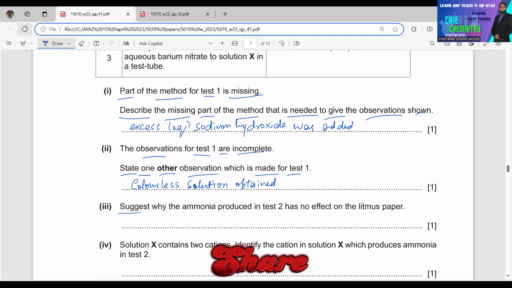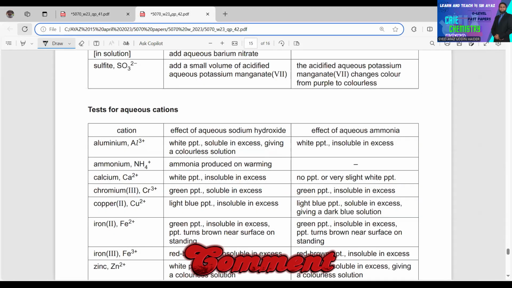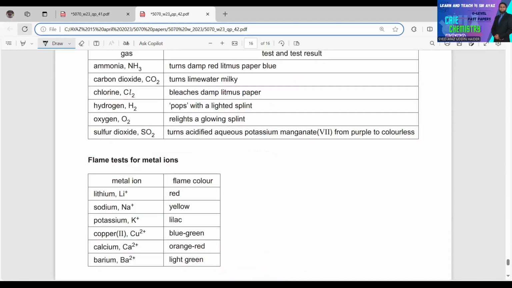Three, suggest why the ammonia produced in test 2 has no effect on the litmus paper. Now they have mentioned the pungent smell gas and it's ammonia, but they are also saying no change to the litmus paper. If you look at the test for gases, ammonia is tested by turning damp red litmus paper blue.